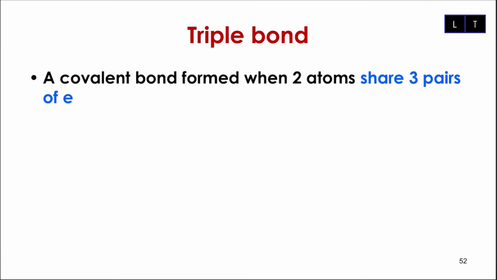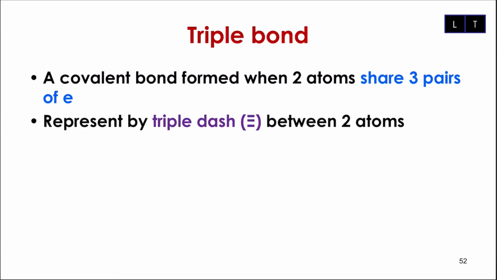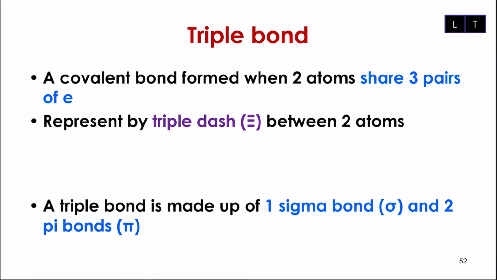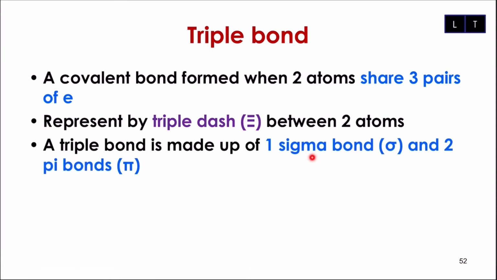So triple bond is still a covalent bond formed when 2 atoms share 3 pairs of electrons dan kita akan gunakan simbol triple dash between 2 atoms tersebut. Triple bond is made up of 1 sigma bond and 2 pi bonds. For example, saya ada nitrogen molecule.